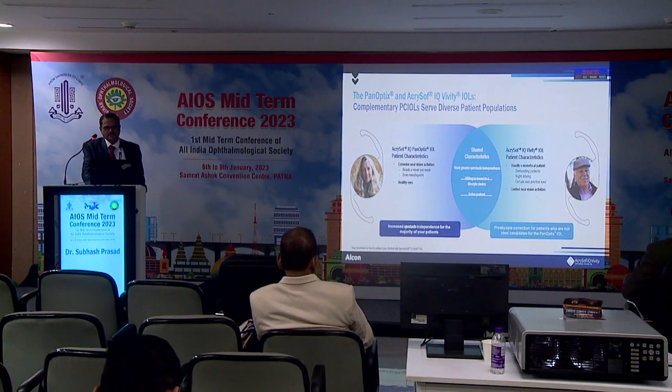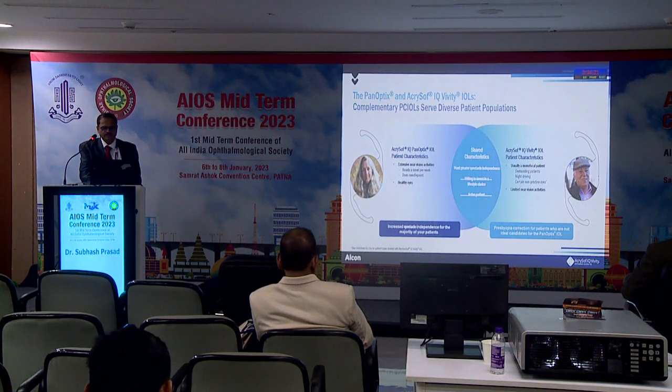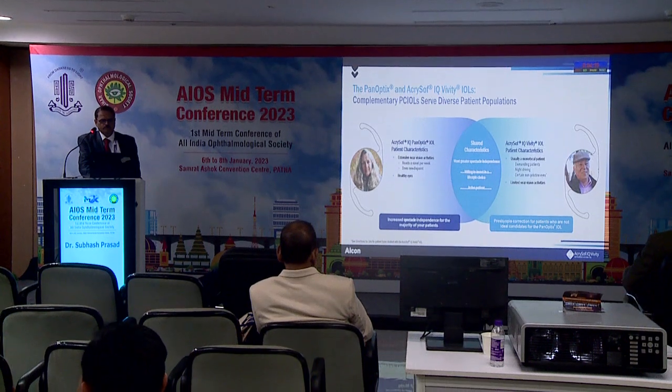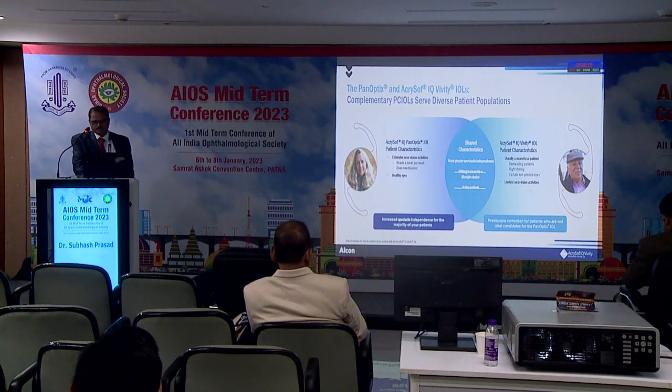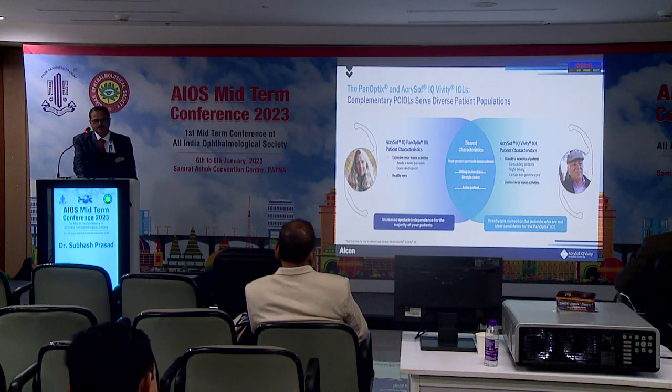In most of those patients, it was very difficult to put these Panoptics lenses because of the post-operative visual disturbances. So in those patients, there was the option of using lenses where the visual disturbances were least, and at the same time able to give the best possible distance and intermediate vision, and even if it compromises some amount of near vision, it would always be better.